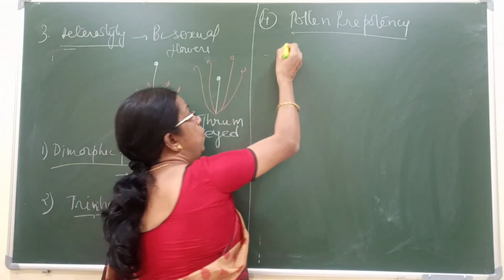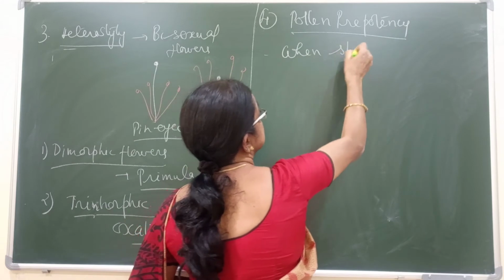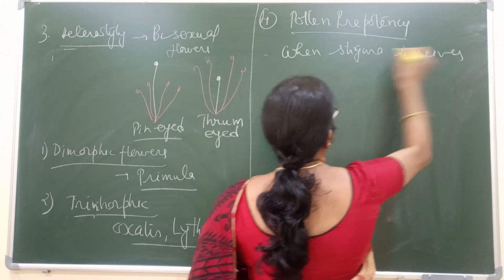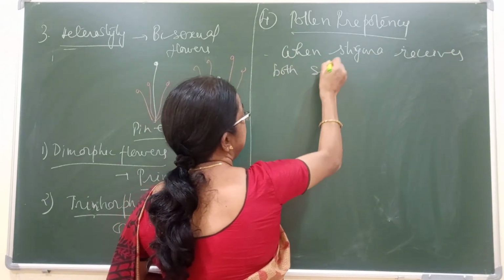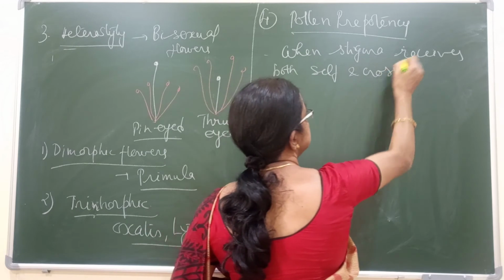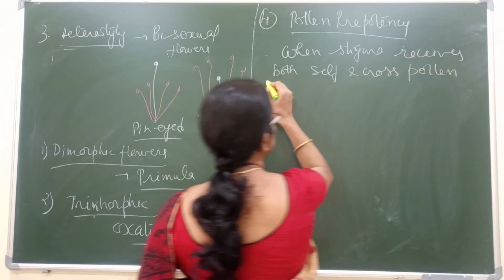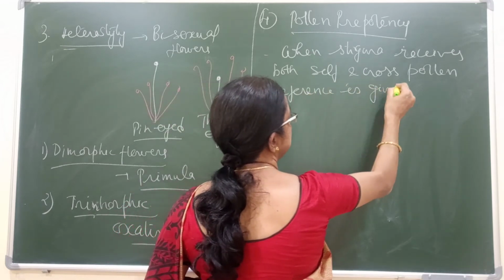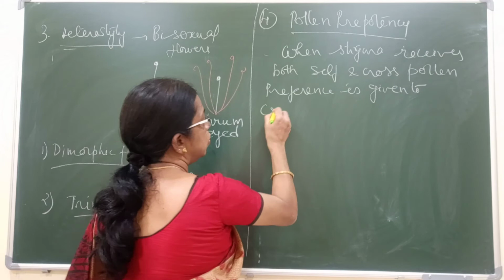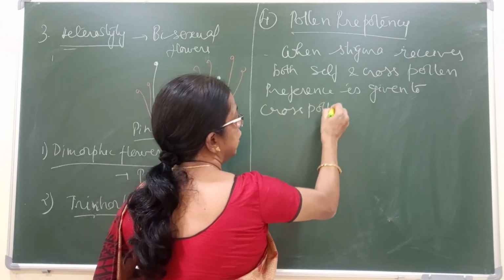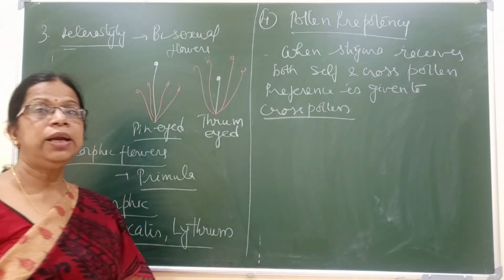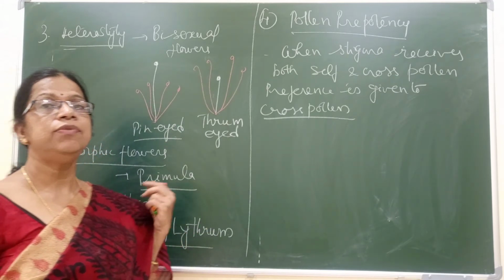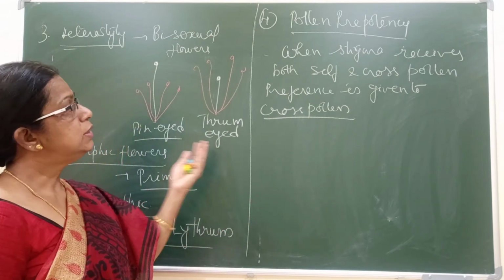So what is it? When the stigma receives both self and cross pollen, preference is given to cross pollen, or foreign pollen, only. Then the foreign pollen will germinate first compared to the self pollen.